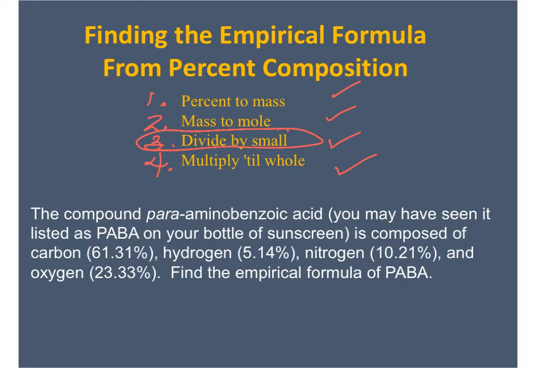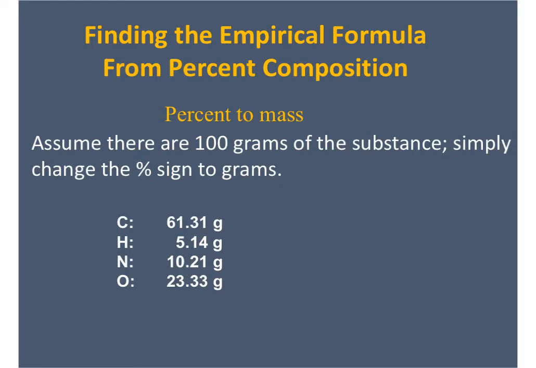So I'm going to walk through an example with you. Here's an example, and you can see the question gives you the percent composition of all of the elements. I'm going to show you how to take that data and get the empirical formula. Okay, so you remember the first step, percent to mass. And all you need to do is take off the percent signs and change them to grams.